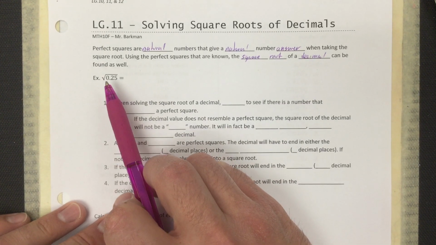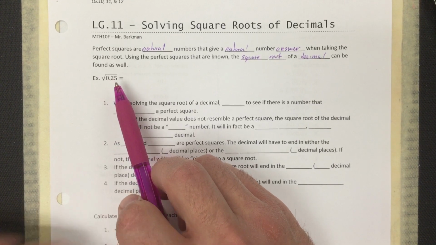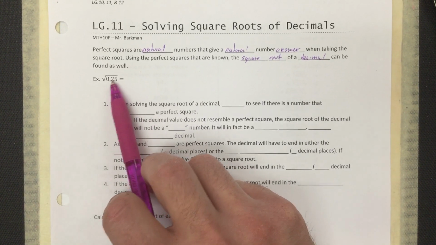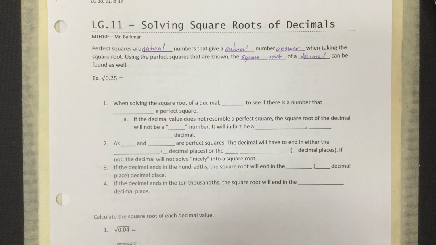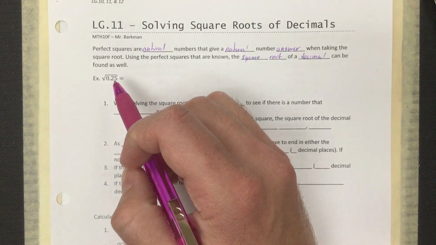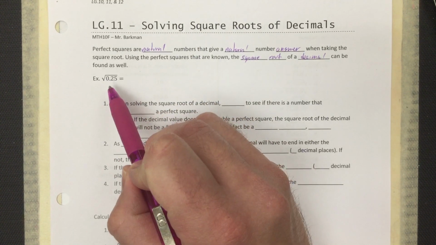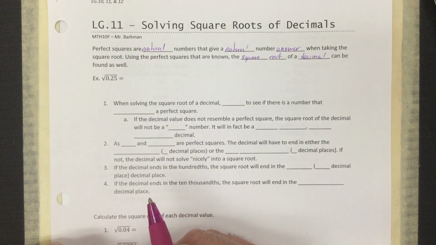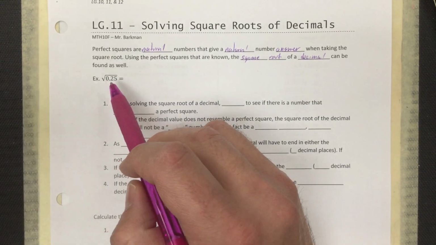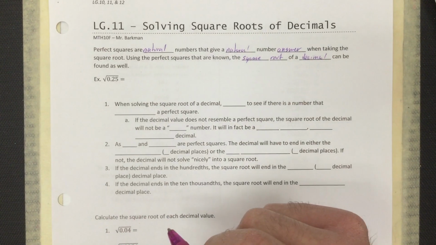So something like this here, we have the square root of 0.25. Now you'll notice if we see the number 25 in here, 25 should look familiar as it's one of our perfect squares. 25 is 5 squared. Now this is 0.25, so there's a couple more restrictions in place when we look at, is this one what we're going to call, quote unquote, a nice number?